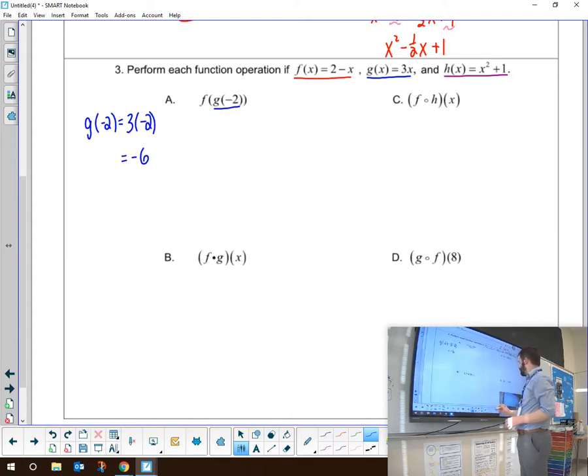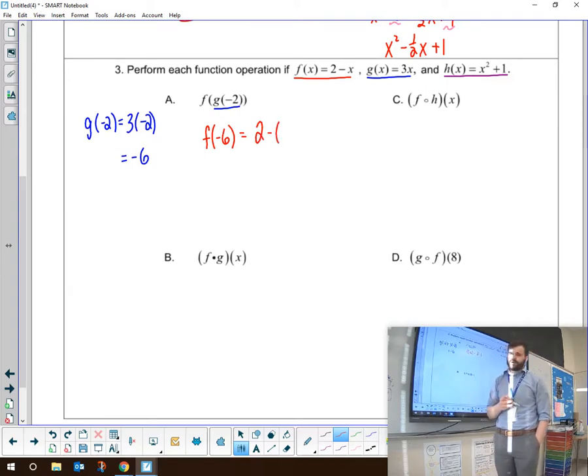All right. So then we're going to have f of negative 6. Since g of negative 2 equals negative 6, we can just plug in negative 6 instead of g of negative 2. So we can plug it in for f. So we're going to go f of negative 6 equals 2 minus, don't forget parentheses whenever we're working with a negative, okay?